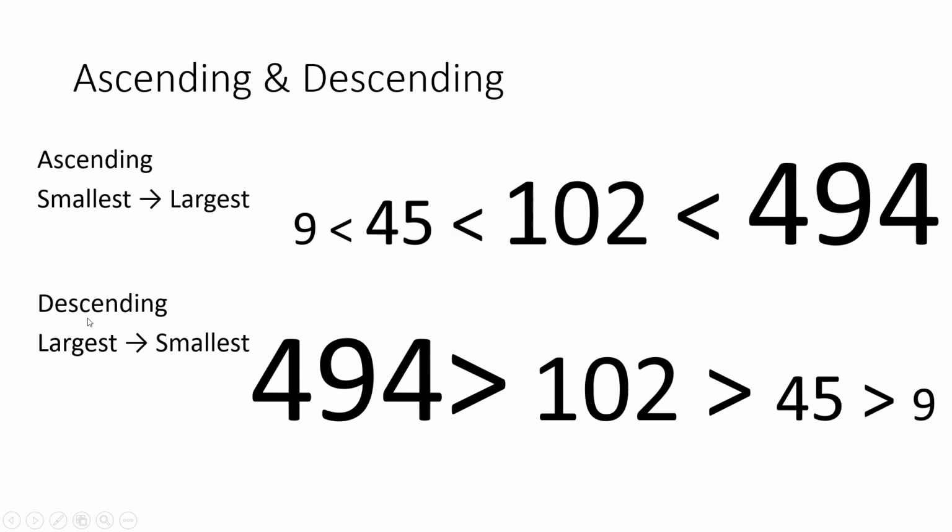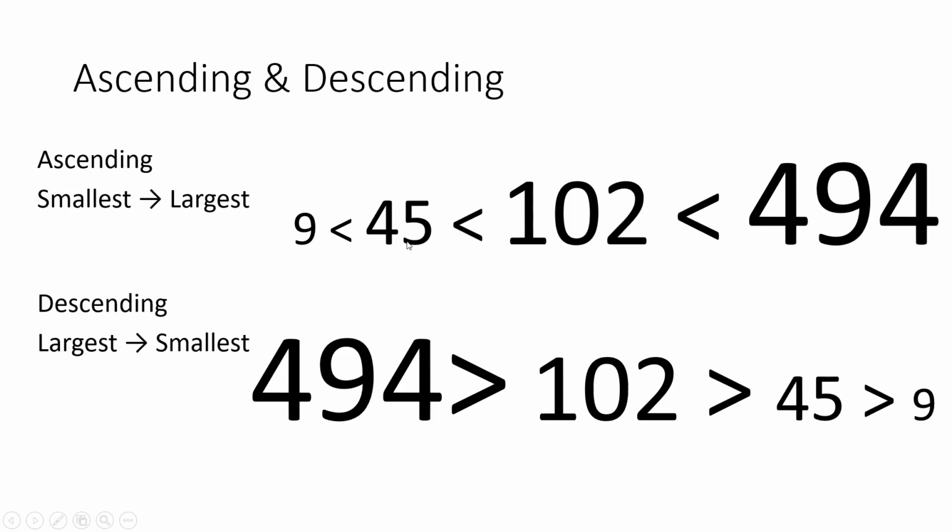On the contrary, while writing numbers in descending order, we write from the largest number to the smallest number. It's very easy. It's the opposite of ascending, right? So for example, here we can see 9 is smaller than 45, and 45 is smaller than 102. How do we know that?